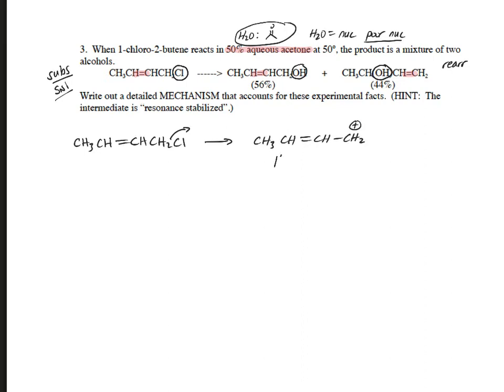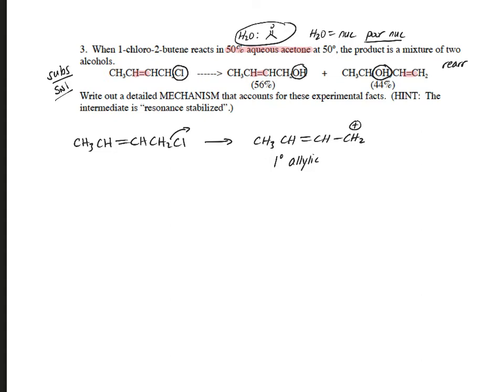Now it's a primary carbocation, so it's not that stable if it were just primary, but it's not just primary. You can see that it is one removed from a double bond, so it's actually primary allylic. And because of that extra stability, this will actually form in a reasonable manner.